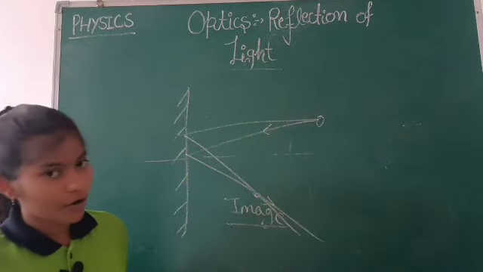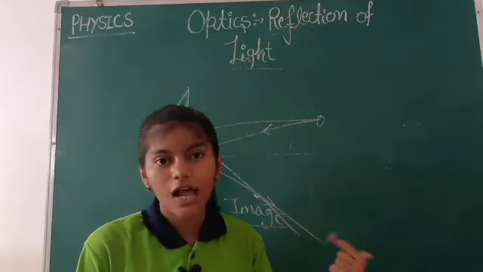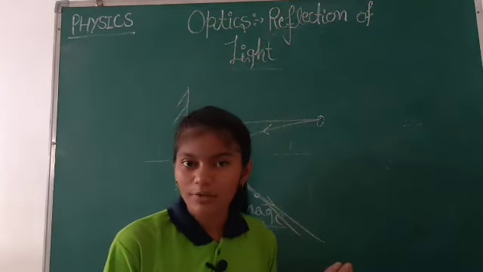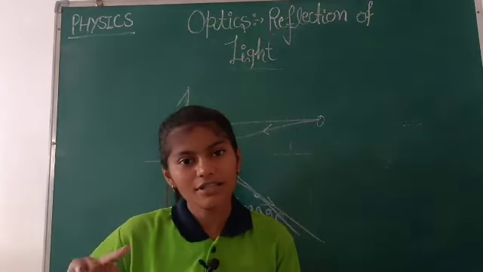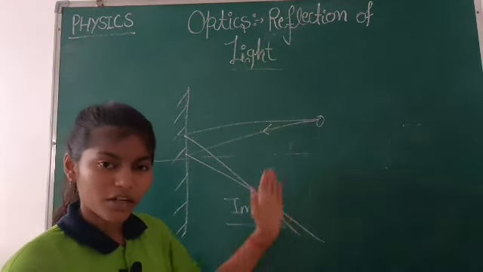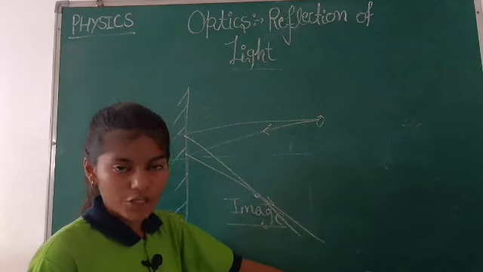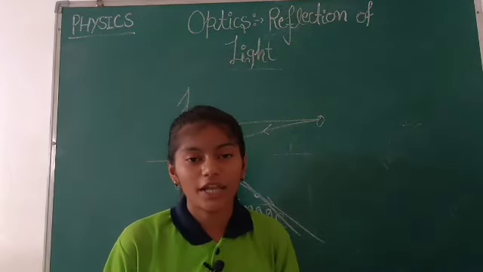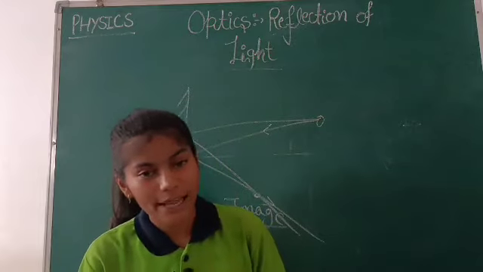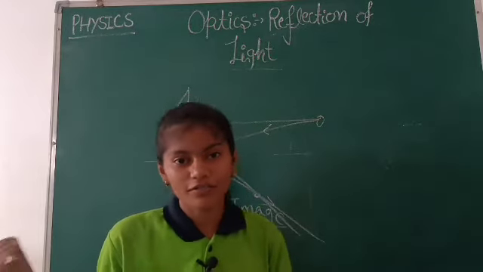Now, images are of two types. It is real and virtual. In this example, it is a real image, and a real image is always inverted, means upside down. Real image is when the rays of light after reflection are actually meeting and we can obtain this on the screen.